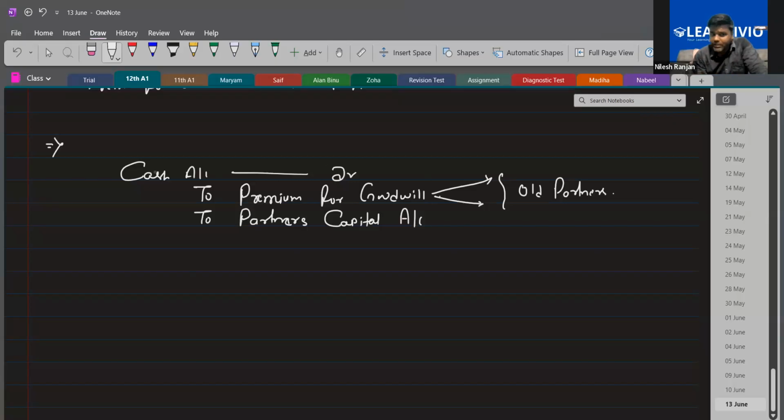If he's bringing cash, then cash is on the debit side. If he is bringing machine or any other assets, then we have to write the assets account also on the debit side. Is this clear? Yes, sir.